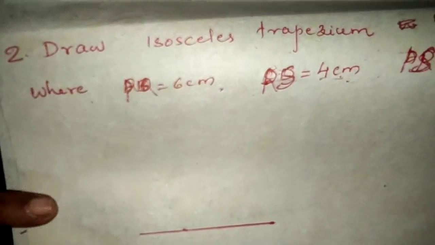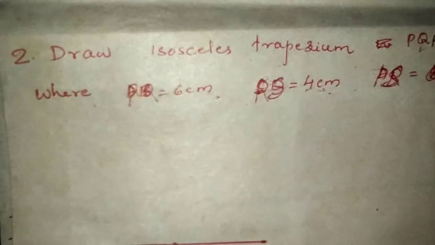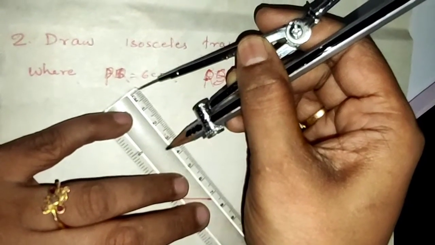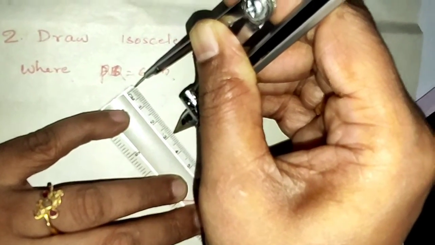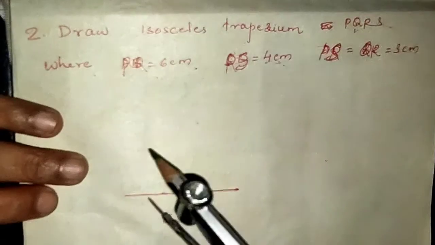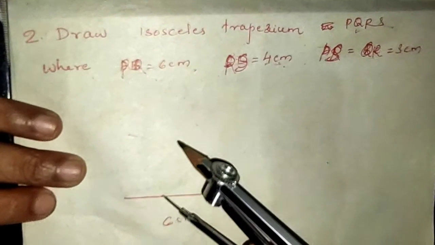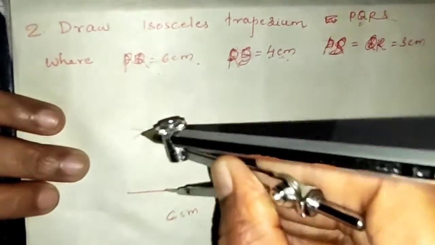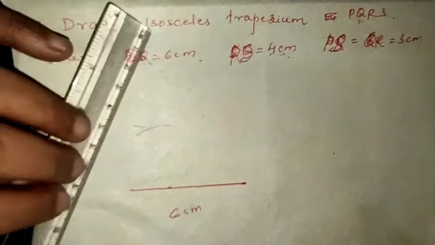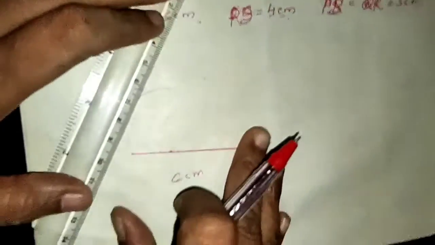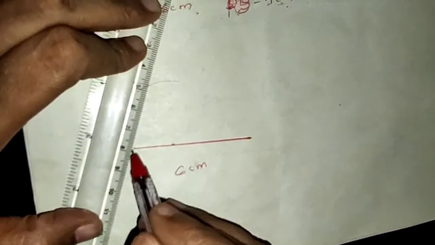Then measure 3 centimeter on your compass. Then keeping this point as center, draw an arc like this, and keeping this 2 centimeter point as center, draw an arc like this. Then just join that too. So our triangle is ready.